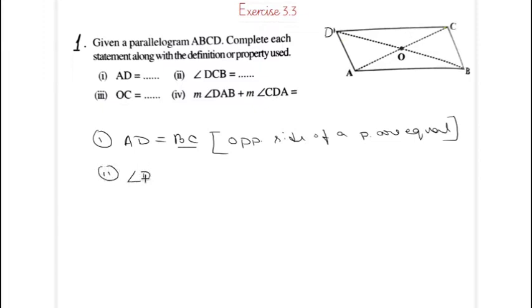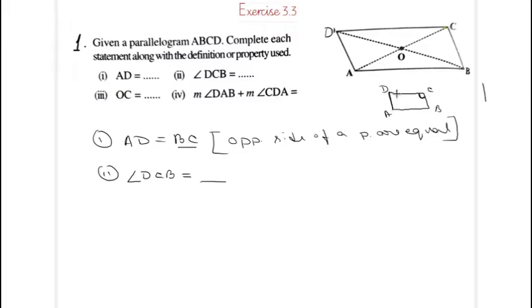Angle DCB is equals to which angle? If you just draw a rough sketch of this and name it A, B, C, D. Now which angle? DCB means this angle. And we know that in a parallelogram opposite angles are equal.